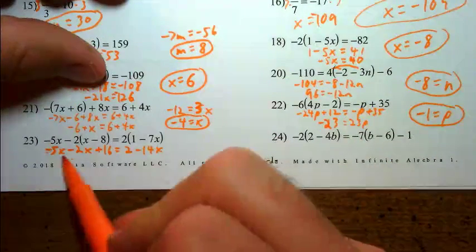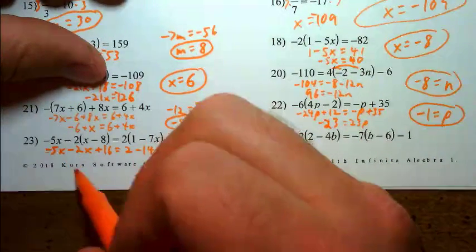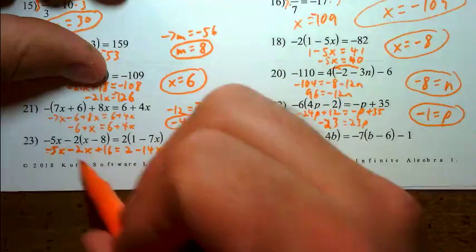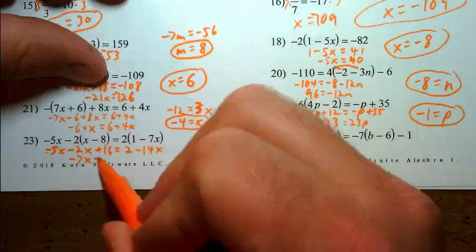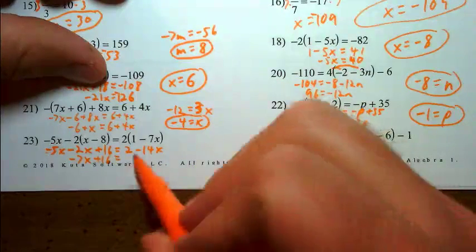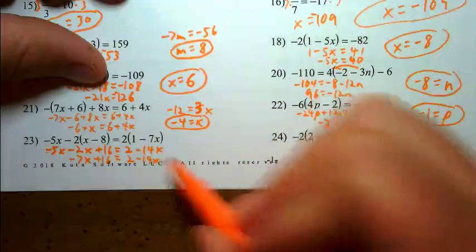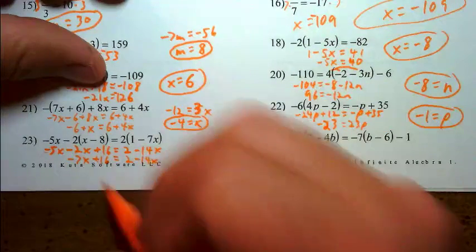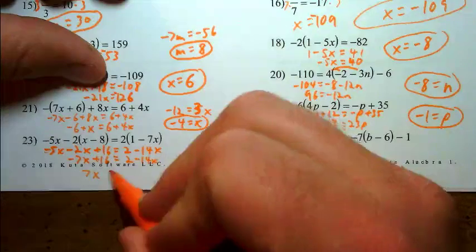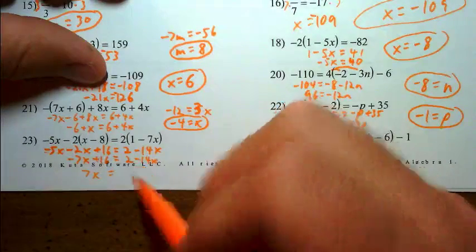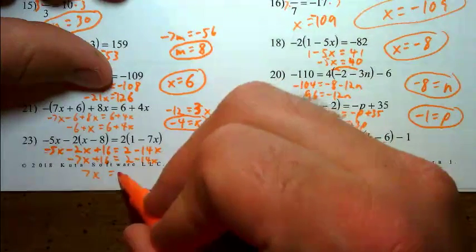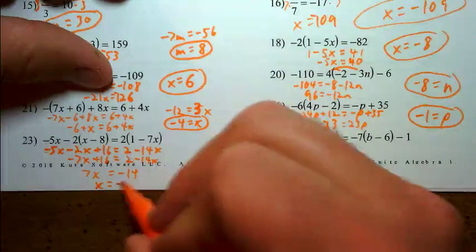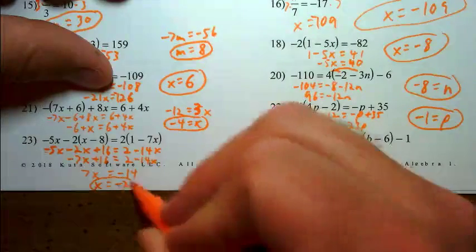On this side, you can combine the two x's, so we get negative 5 and negative 2 gives us negative 7x plus 16. We can bring the 14x over to the other side by adding it, so you get a positive 7x. At the same time, bring the 16 over this way. So we're going to subtract 16, so we get a negative 14. Divide by 7, and x is negative 2. And that's our answer.